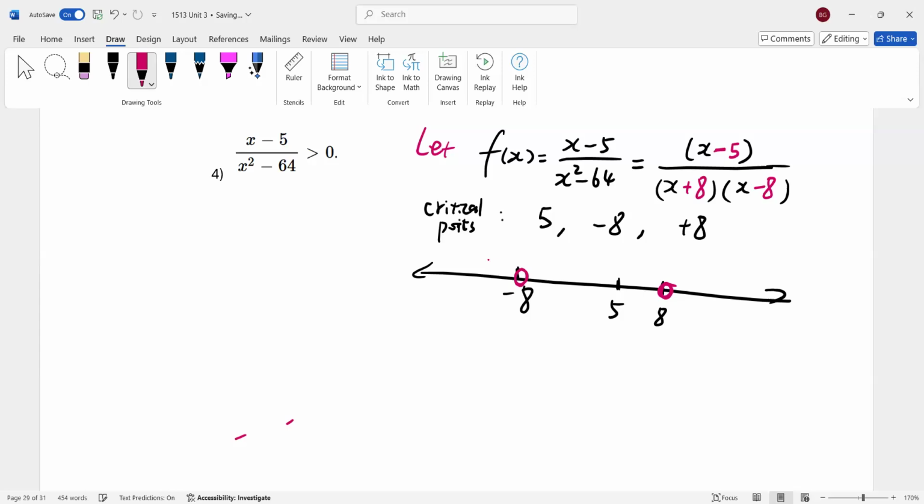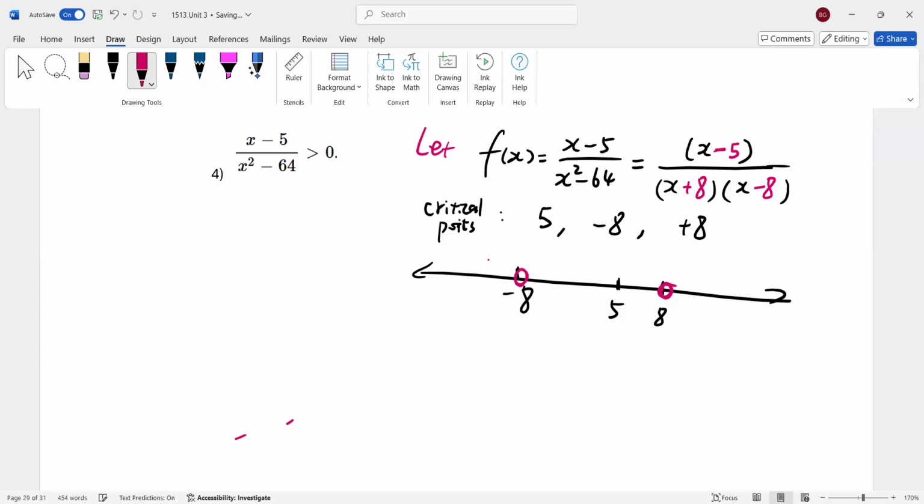and that's not okay. All right, so I put a hole at negative 8 because the rational function f of x is undefined at negative 8. I also put a hole at 8 because the function is undefined at 8. Those details matter, okay? So 5 is fine.